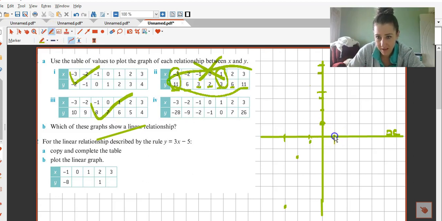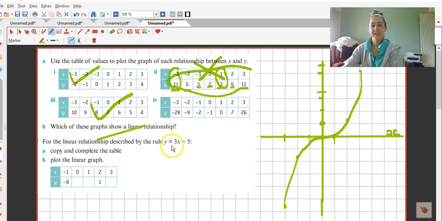So 1's at 0, 1's there. 2 is at 7. So about here. And then 3 is at 26. So 5, 10, 15, 20, 25. So about here. So if I join these up, sort of like this. So it looks like that.